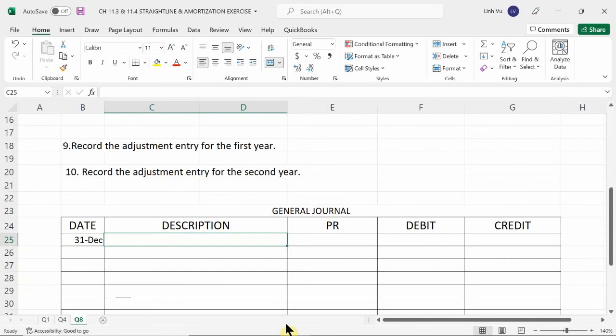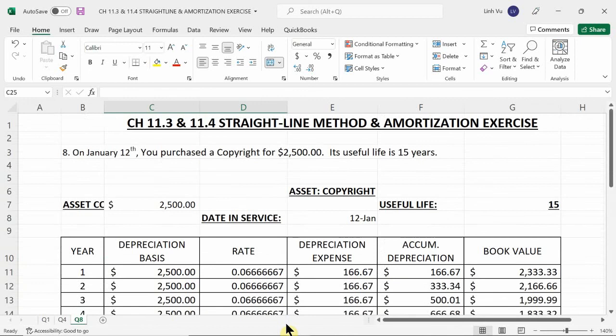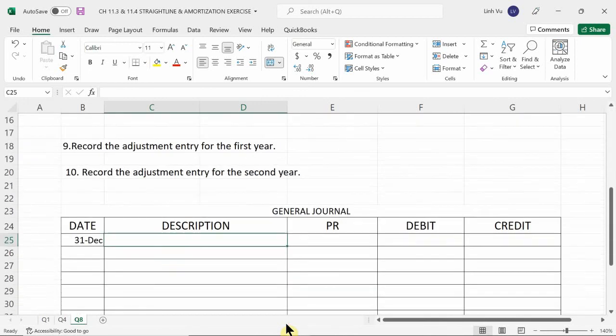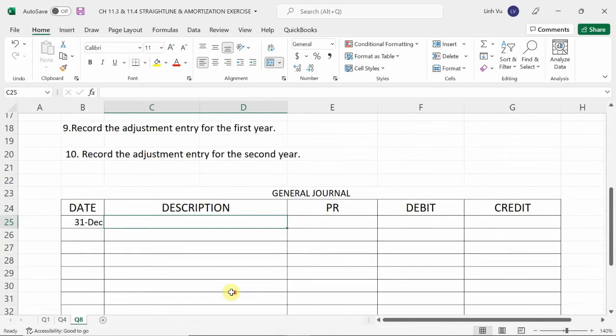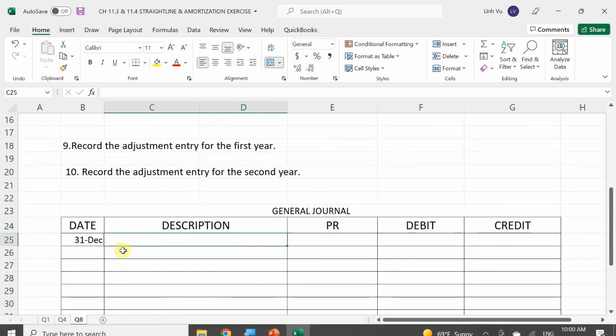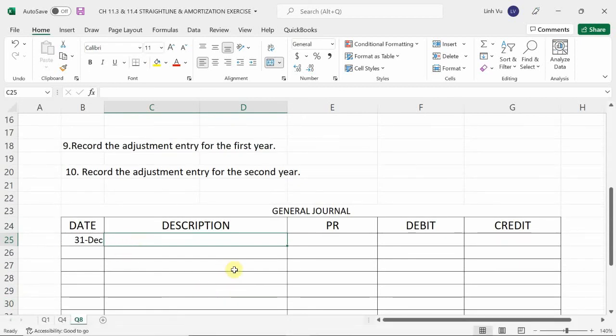Depreciation expense. Not depreciation. We want a copyright. Expenses. It's an expense, but what kind of expense? What do we call it when we need to adjust the value of intangible assets? Fixed asset.